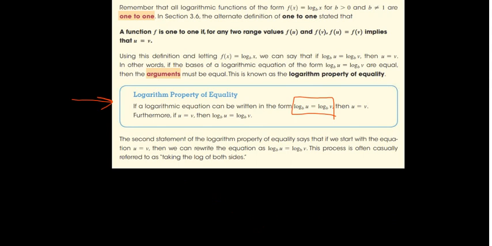Furthermore, if u is equal to v, then log base b of u is equal to log base b of v. That's just a statement that can be read forward and backwards. So all we have to do is make sure that the logarithms have the same base. If they have the same base, then all we have to do is equate the argument. That's it. So let's look at the example.